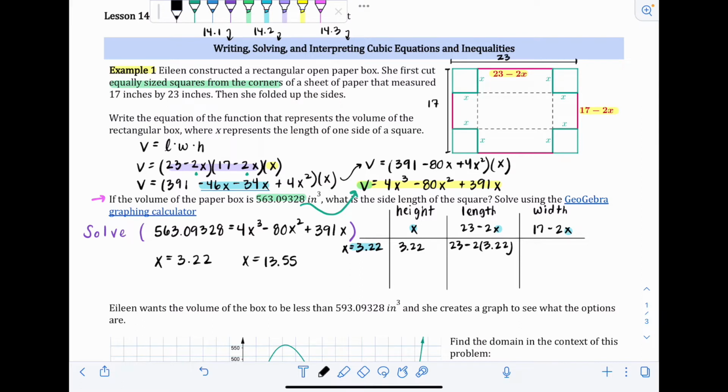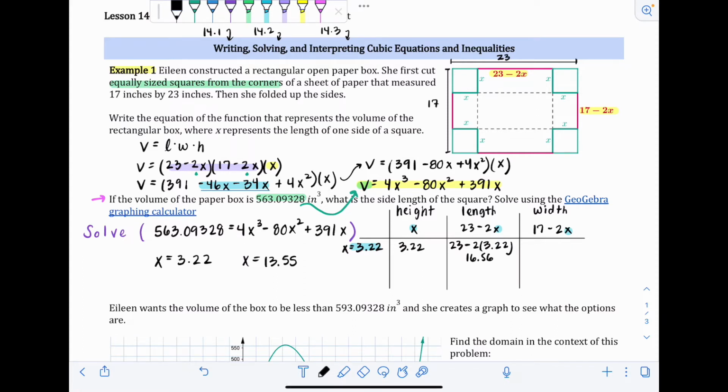I'll use the calculator so I don't mess it up. 2 times 3.22 is 6.44. Then 23 minus 6.44 is 16.56.